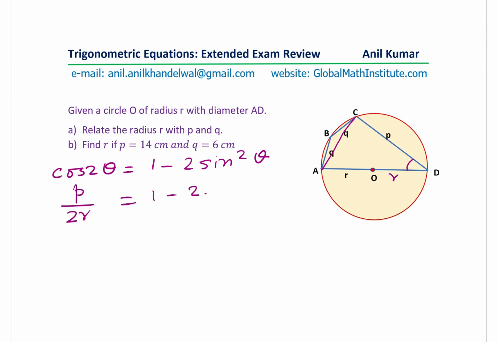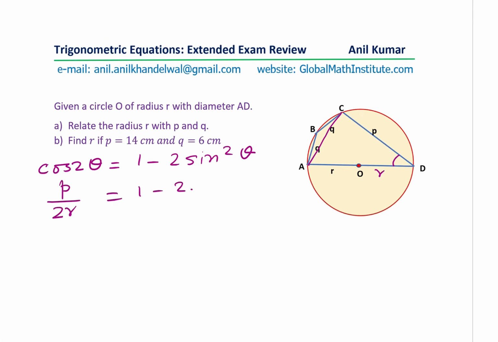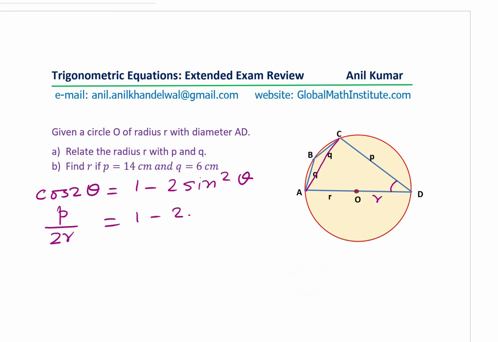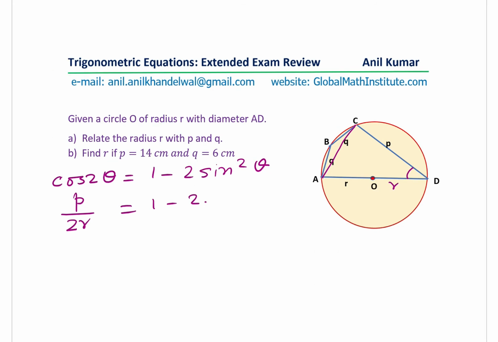Theta is the angle which connects point B with D, right? So sine theta is equal to the opposite side, which is Q, over 2R, and we need to square this. That is how you could relate them.